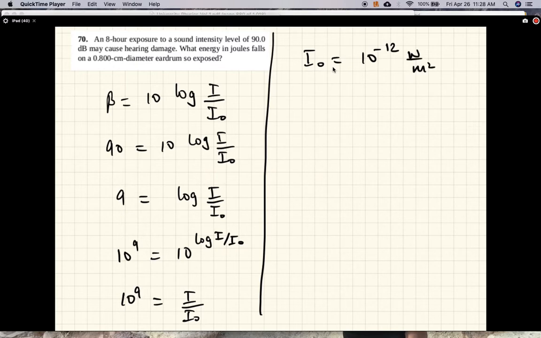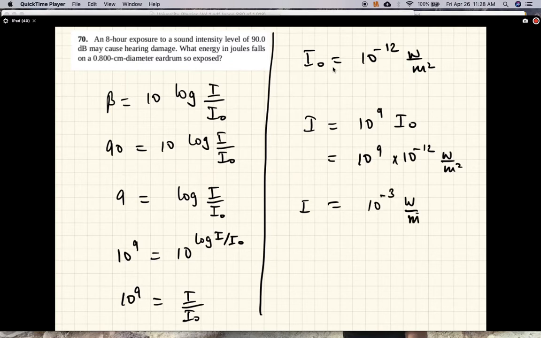So I is 10 to the 9 times I naught, which is 9 times 10 to the minus 12 watt per meter square. So the intensity of sound is 10 to the minus 3 milliwatt per meter square falling on the ear.